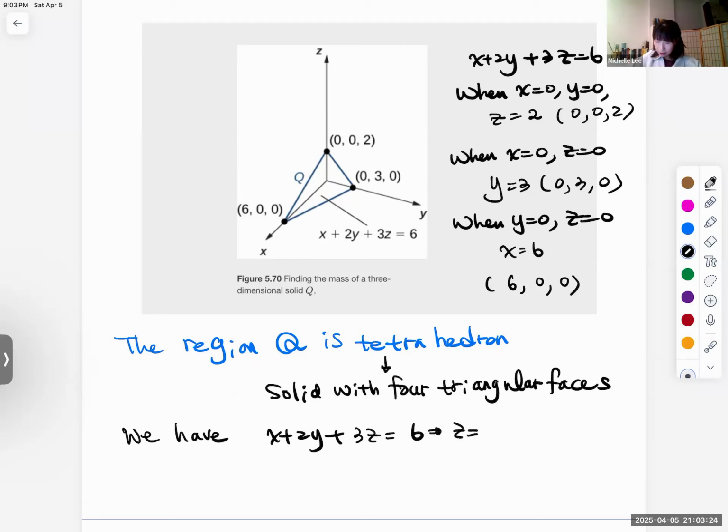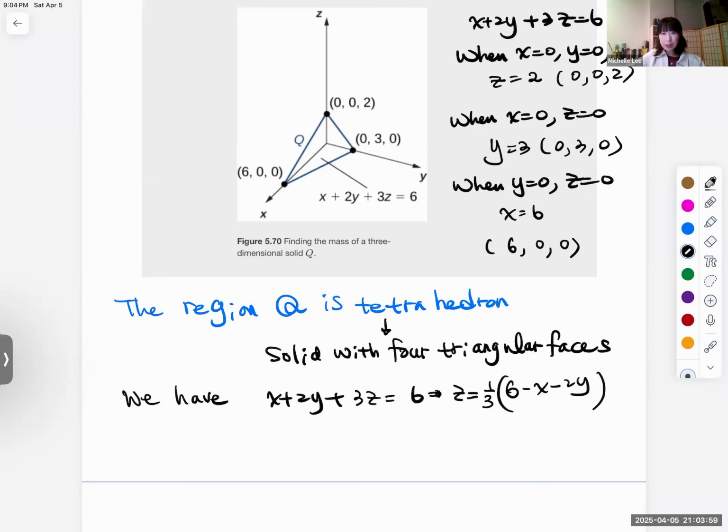Move the two terms to the other side, so we will get 6 minus x minus 2y. Now we have 3z, so divide by 3 on both sides. So let us denote it this way.